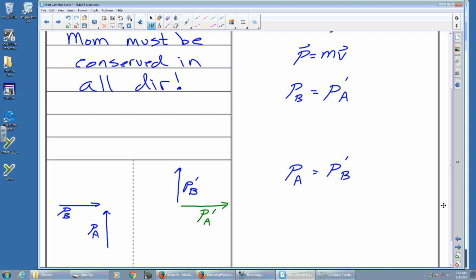So now it's applying my identity. So mass of B, or inertia of B, velocity of B beforehand. Sorry, I forgot my vector symbols on there. Is the inertia of A, the velocity of A afterwards.